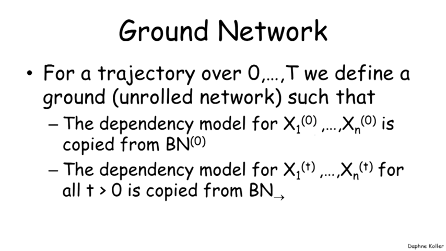And we can use that to define probability distributions over arbitrarily long trajectories using what's called the unrolled network, or also called the ground network. And this is exactly as in the example that I showed. The dependency model for time 0 is copied from the Bayes net for time 0, and the transition is copied from the Bayes net that denotes the conditional probability for transitions.